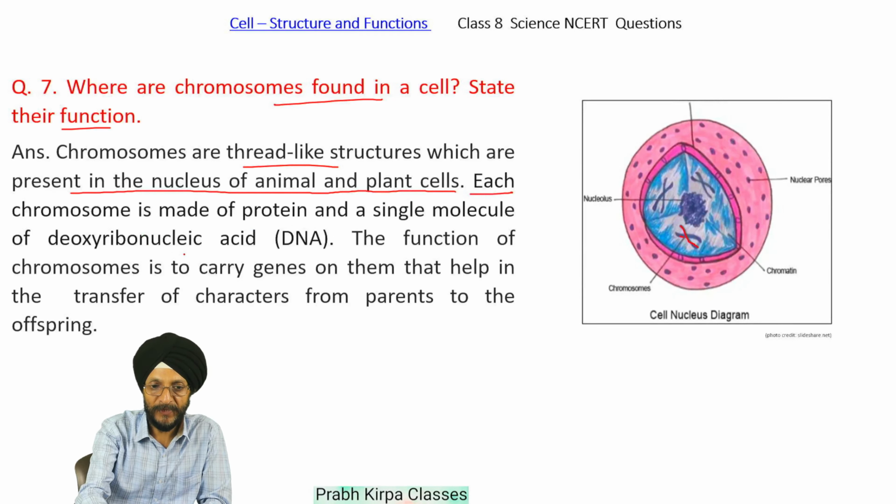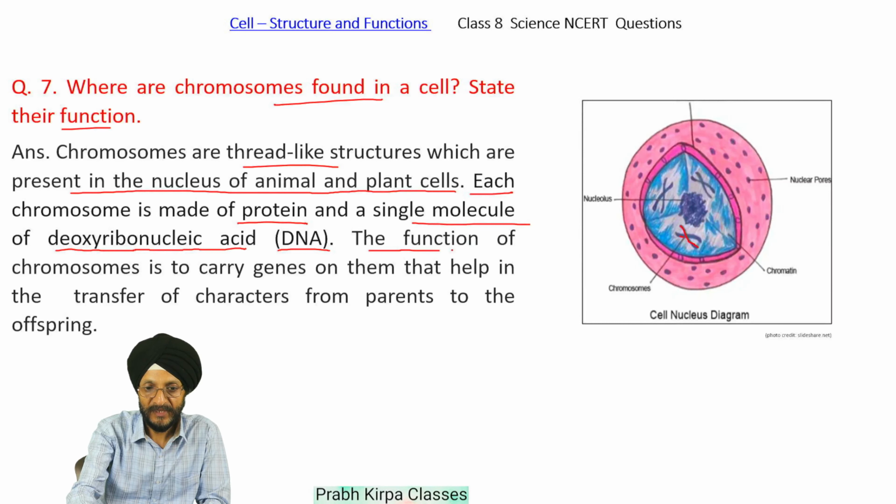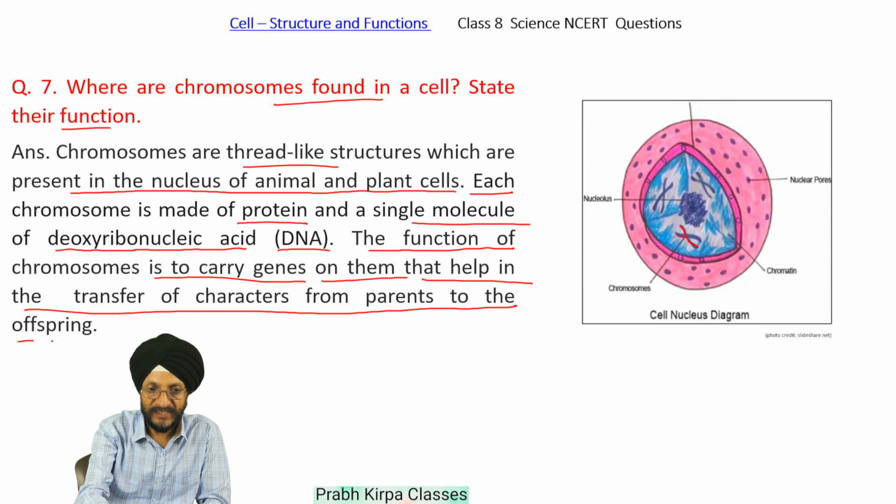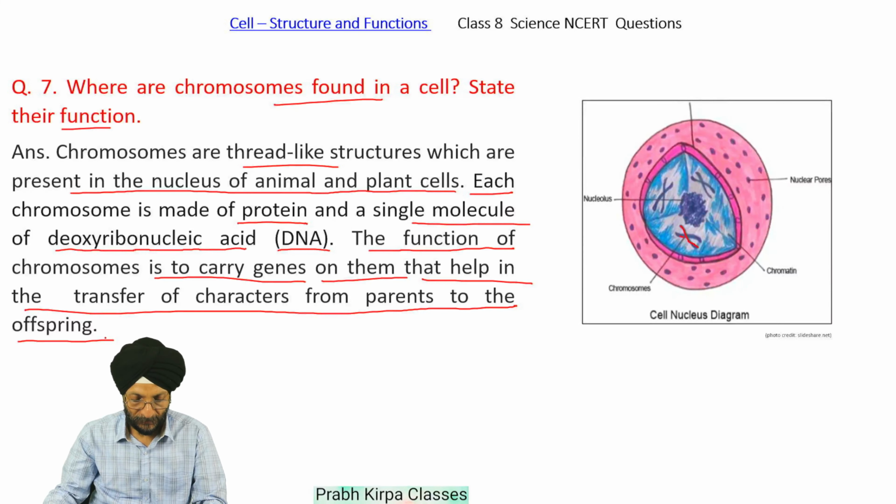Each chromosome is made of protein and a single molecule of DNA. DNA means deoxyribonucleic acid. The function of chromosomes is to carry genes on them that help in the transfer of characters from parents to the offspring.